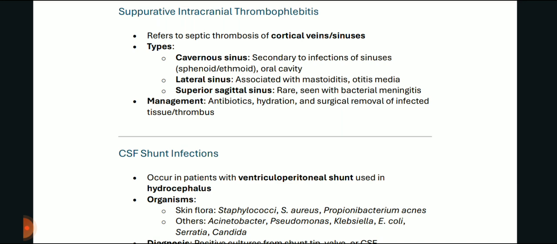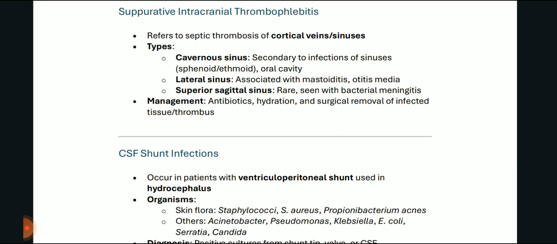It can be divided into 3 types. Cavernous sinus, secondary to infections of sinuses like sphenoid or ethmoid, and oral cavity. We know that the dangerous area of the face, via the superficial and the deep veins, connects to the cavernous sinus. So any infection from that area or the sphenoid and ethmoid sinuses can travel to the cavernous sinus and cause cavernous sinus thrombosis.